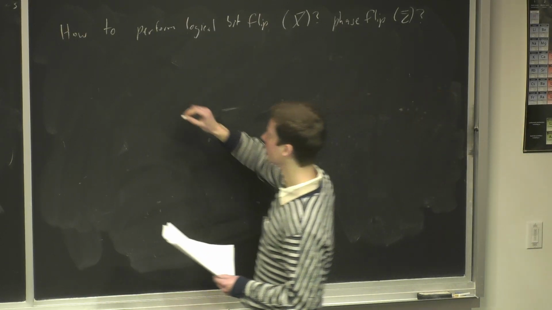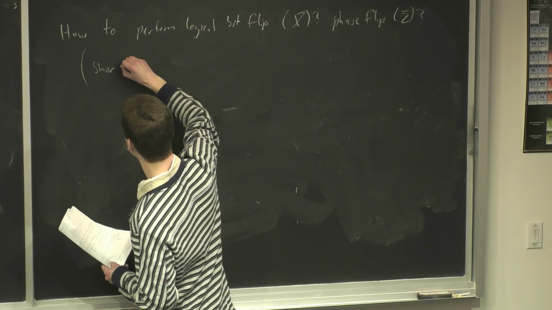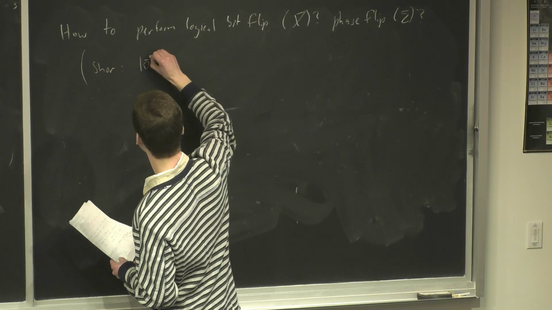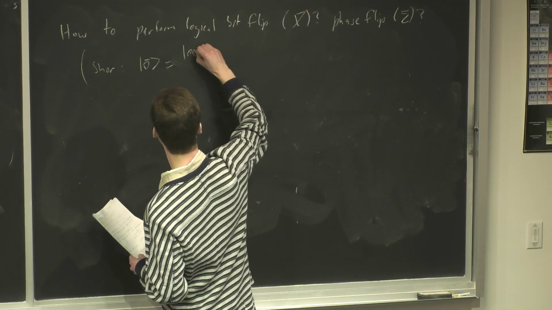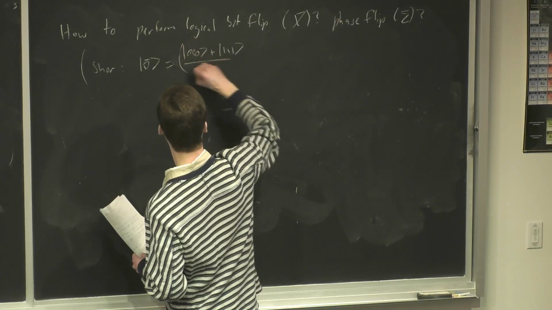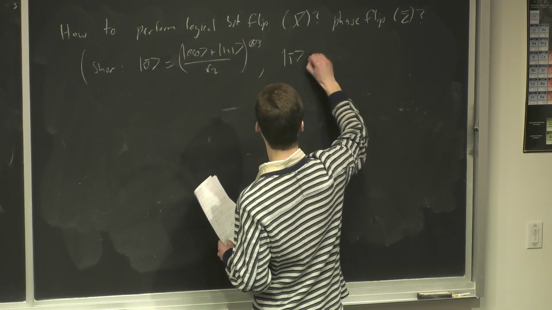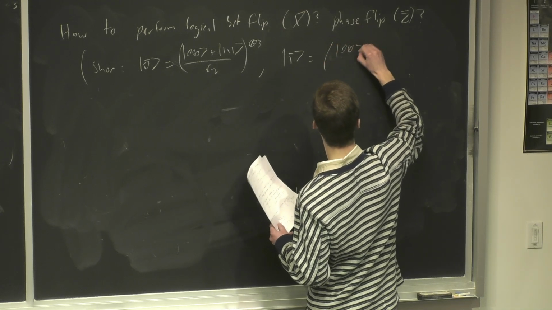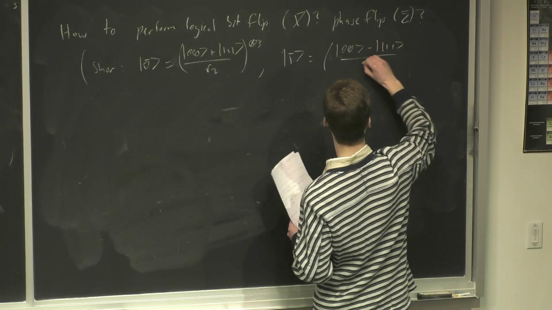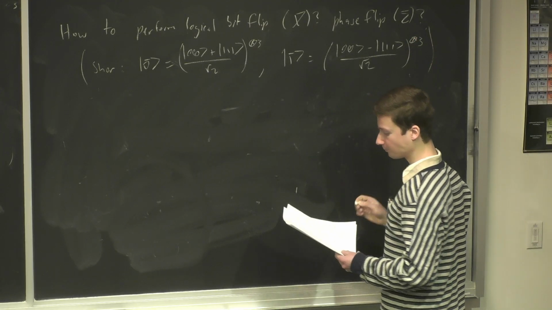And if we go back to the Shor code, where logical 0 is (|000> + |111>)/root 2, tensor 3, and logical 1 is (|000> - |111>)/root 2, tensor 3.